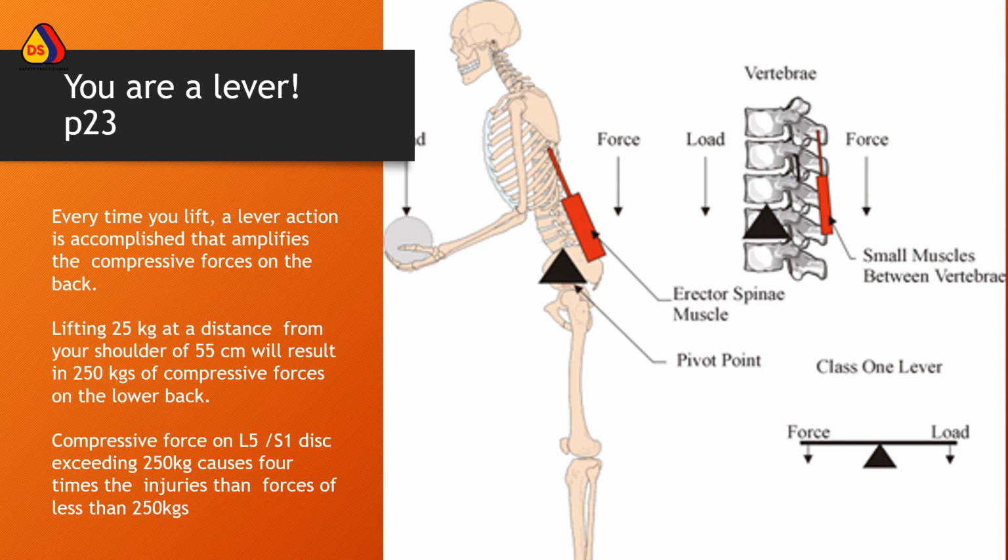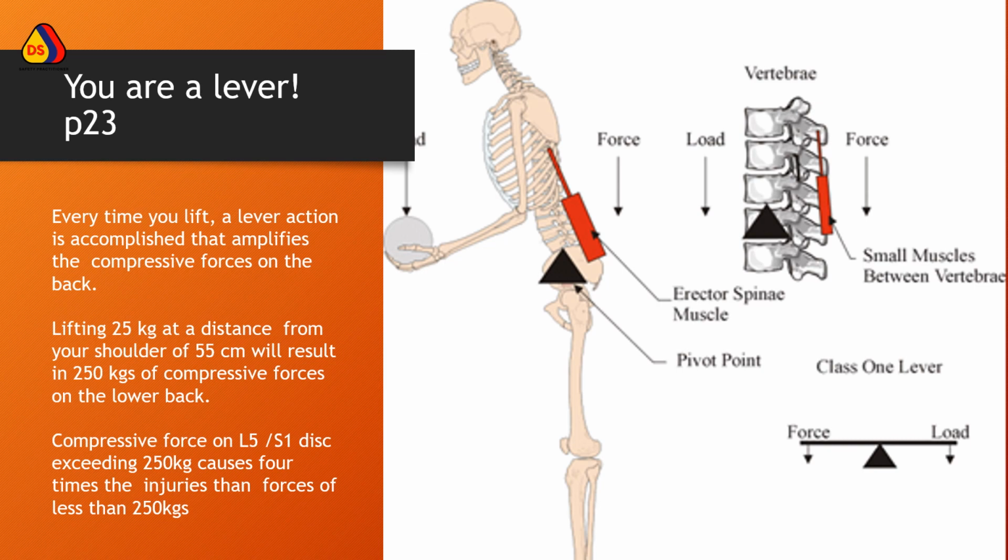Consider this statement: lifting 25 kgs at a distance from your shoulder of 55 centimeters will result in 250 kgs of compressive forces on the lower back. That statement is based on the principles of torque and mechanical advantage.